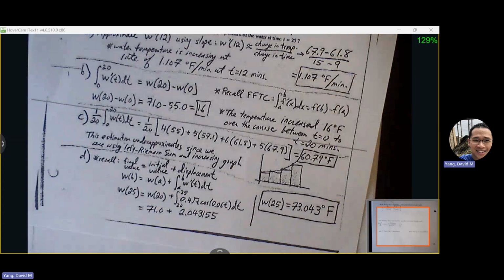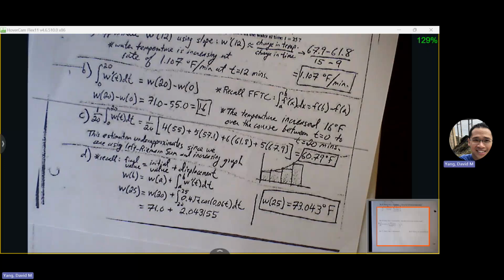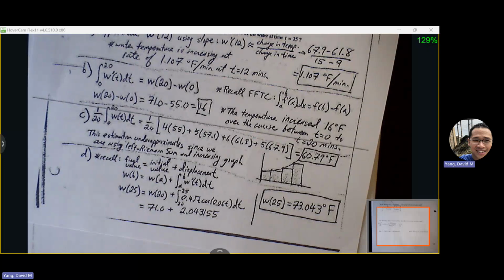Okay, try part D. In part D, we're going to take advantage of that formula that we've been working on: final equals initial plus displacement, right?